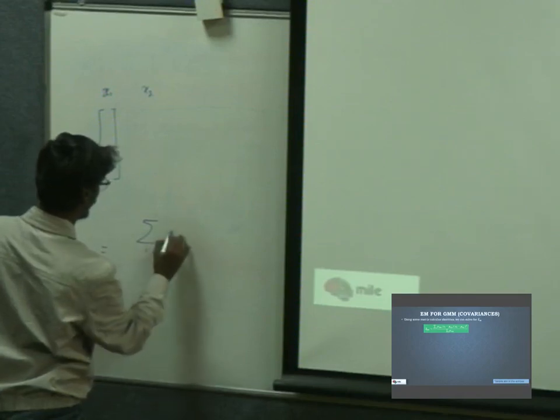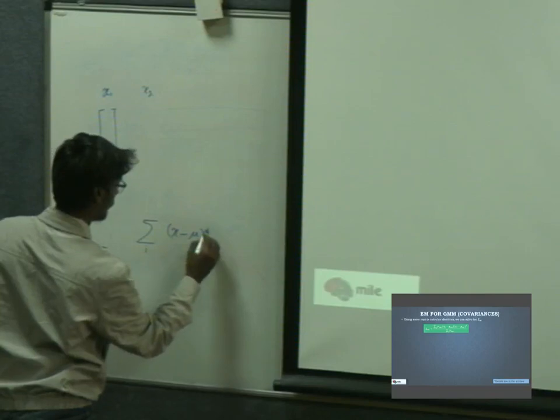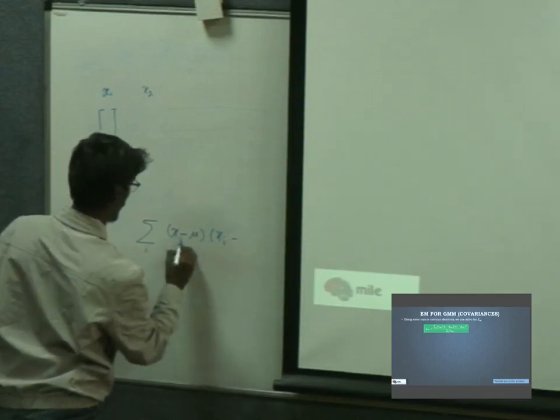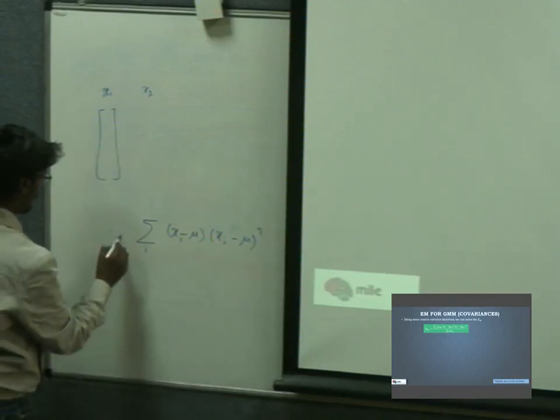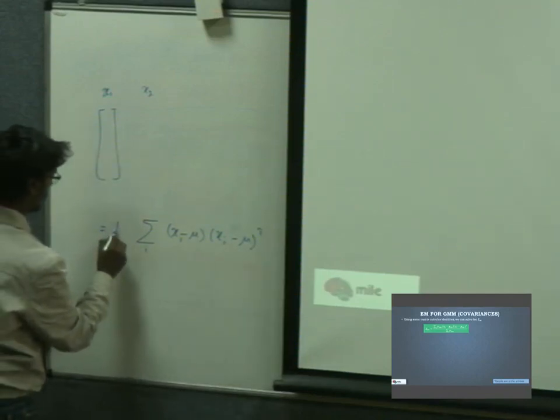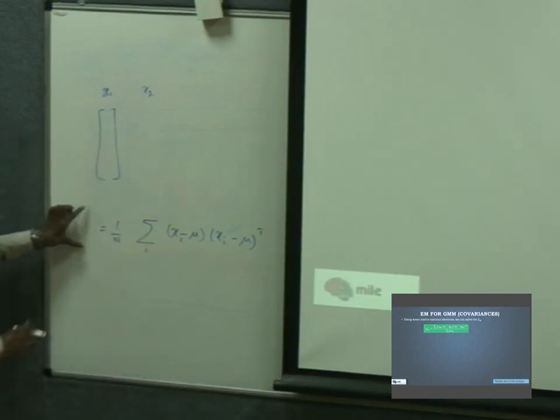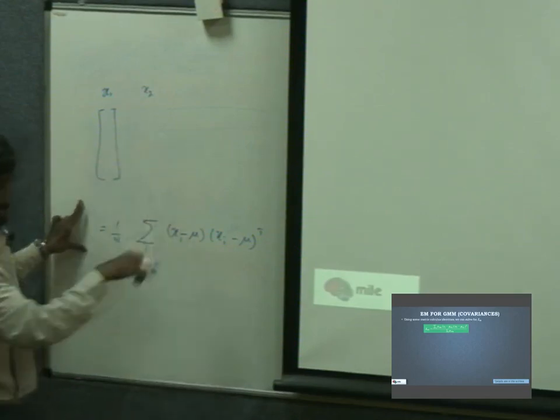Normally it is summed over x minus whatever the mean you have, times x minus the mean, take the transpose of it and scale it. So this is what your actual estimate of covariance will be, but this is a weighted estimate.